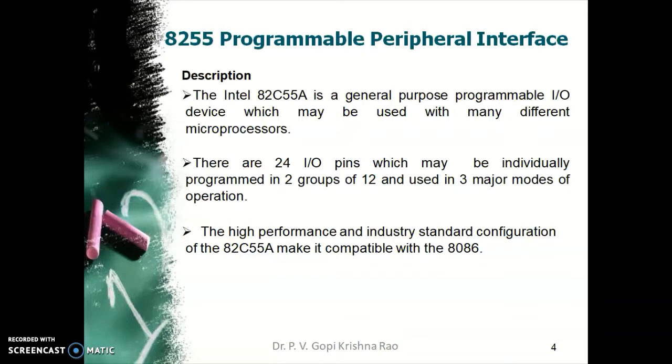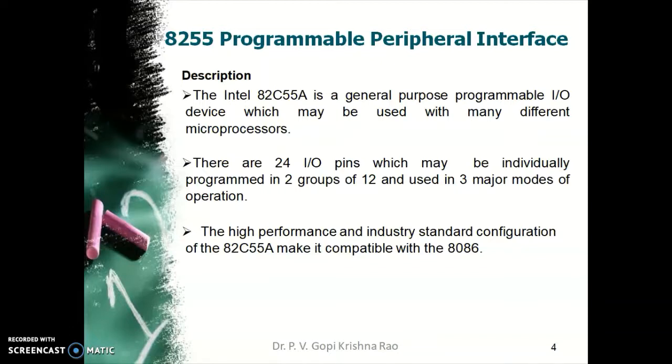When you want to interface more I/O devices which need to work in tandem, you need more ports. In order to enhance the microprocessor's ability to integrate more input-output devices, you need devices like the 8255, which are called programmable peripheral interface devices.